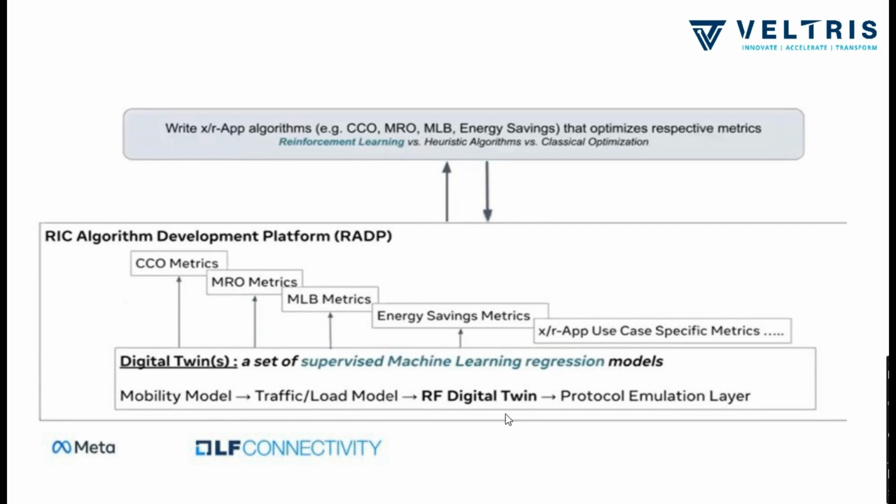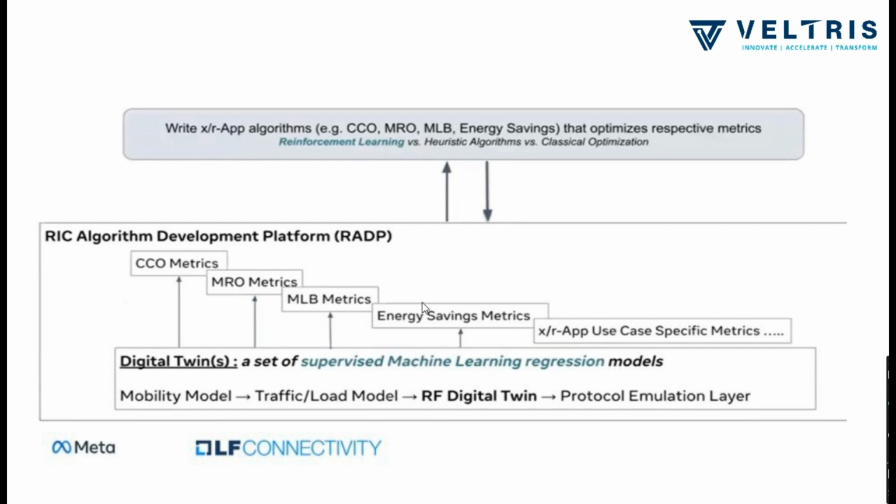The digital twin provides a way to use large amounts of data that network operators and vendors have access to, to train and create network representations and models of aspects such as RF propagation, user mobility, or traffic and load, etc. And these trained models can then be used to generate relevant metrics as shown here.